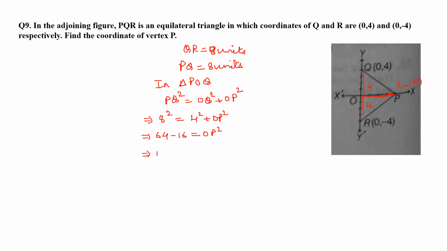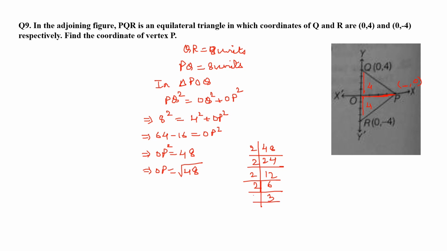So from here I will get my value of OP square as 48. So OP will be root of 48, isn't it? Opposite of square is square root. Now do the prime factorization method. So it will be 2 times 24, 2 times 12, 2 times 6, 2 times 3, 3 times 1.